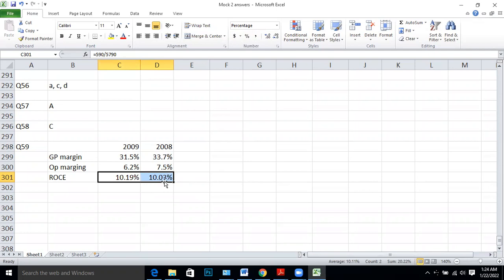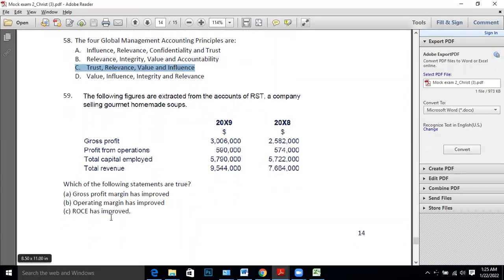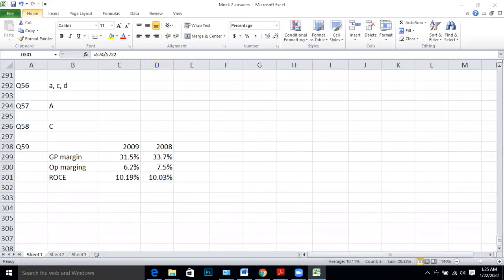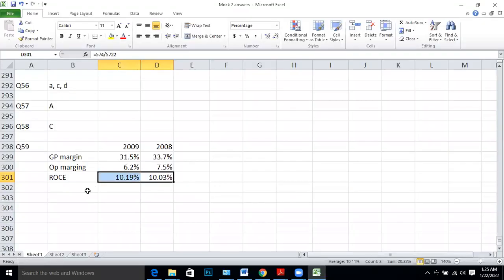There is a slight improvement: 10.03 has become 10.19. Therefore, ROC has improved. That is true. A and B are wrong. So we can say option C.